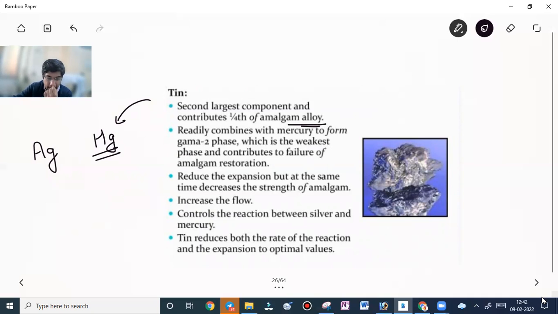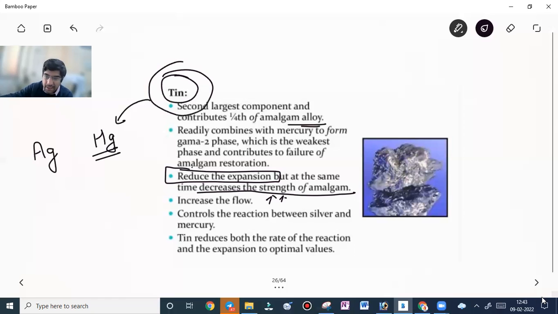Tin will reduce the expansion and decrease the strength of amalgam. It would increase the flow properties and reduce the resistance to tarnish and corrosion. Hence we have to control the tin content. So remember, the tin content should be controlled.